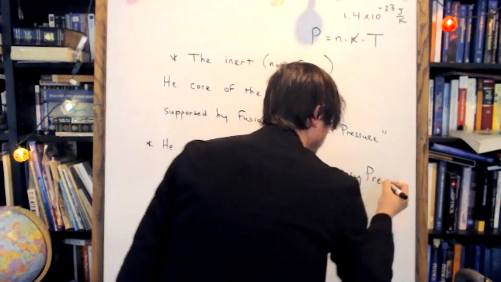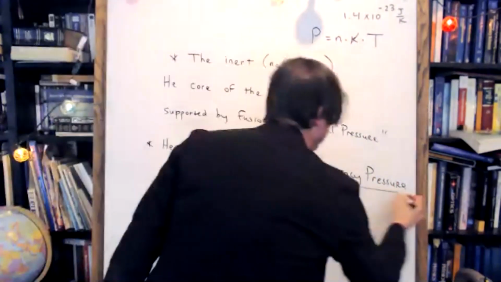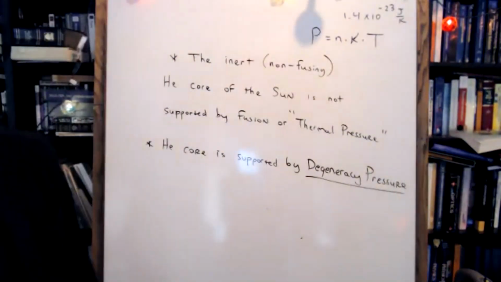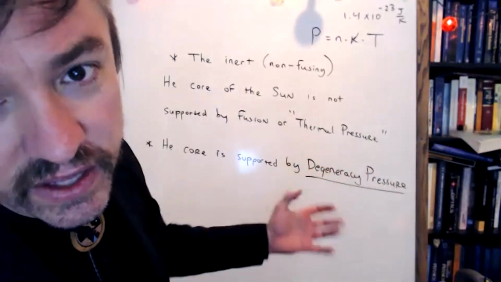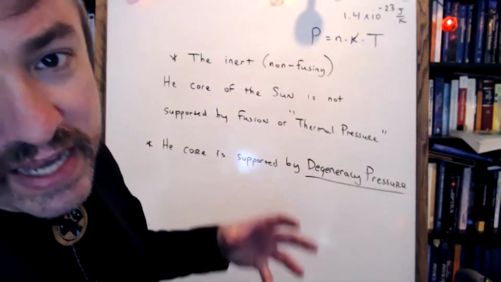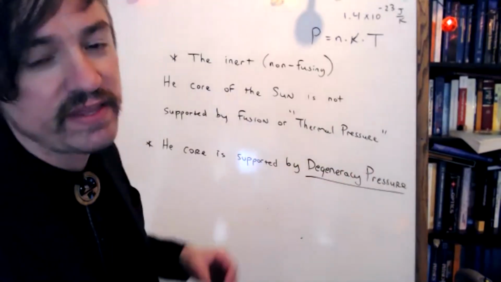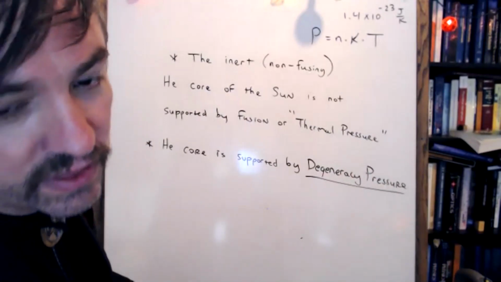Degeneracy pressure is a new concept because you've never experienced matter behaving like this in your normal, everyday, pedestrian temperatures and pressures that you find yourself in on the surface of Earth.